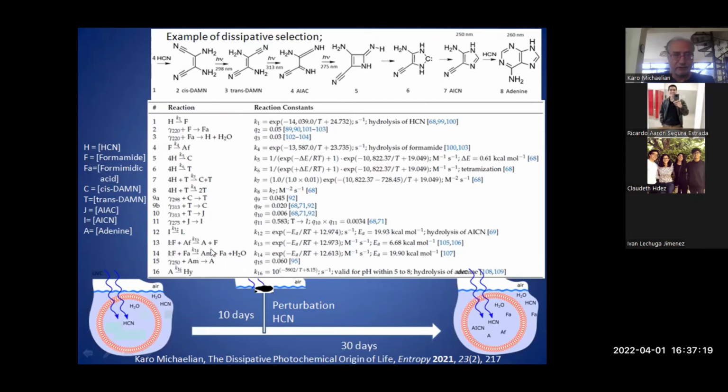So we have these equations which represent the photochemical and chemical reactions, and our system consists of a vesicle. Okay, so these are fatty acids, double layer wall vesicle, and we have photons over the system, and we're absorbing these photons on HCN molecules, hydrogen cyanide molecules, and they're gradually producing other molecules, which are these molecules here, until we get to adenine.